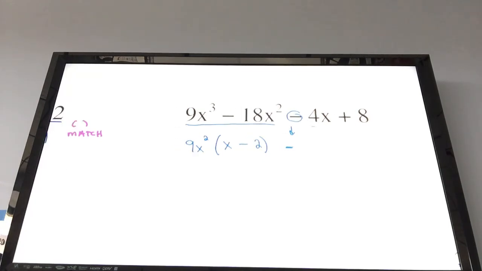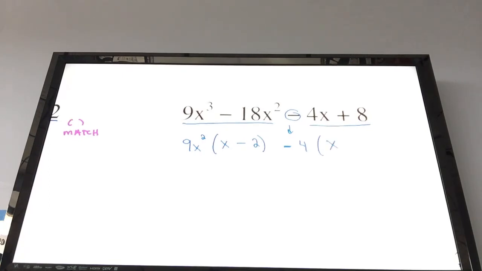My common factor for the second two is 4. When I divide negative 4 into negative 4x, I'm left with positive x. And negative 4 into positive 8, negative 2. So again, when I bring down this negative, my signs are going to change.